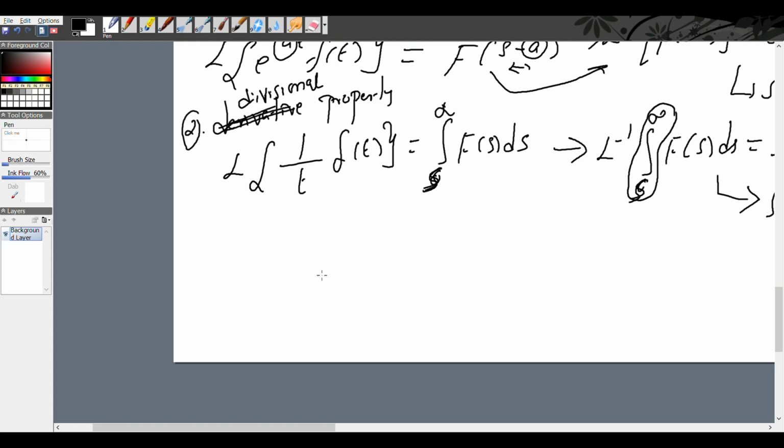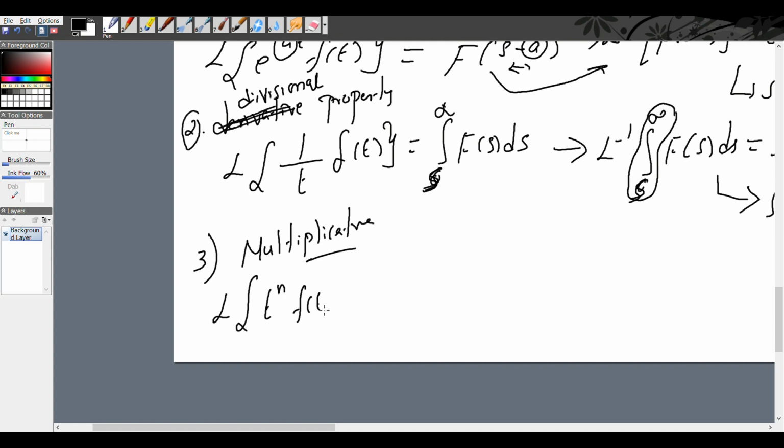What is it? A third important property, multiplicative property. Multiplicative property in the Laplace transform: t power n f of t is equal to, this becomes differentiation, so minus 1 power n, n times differentiation d by ds of F of s.